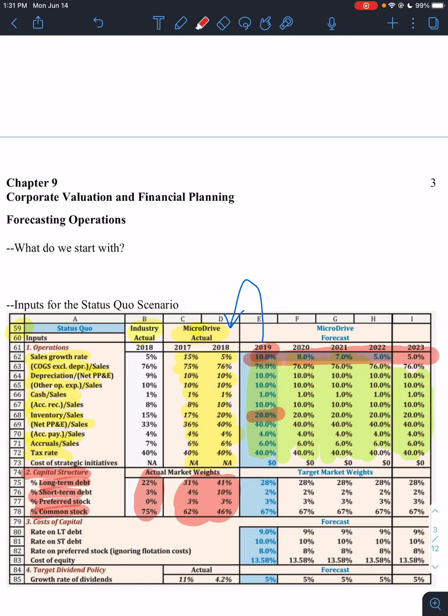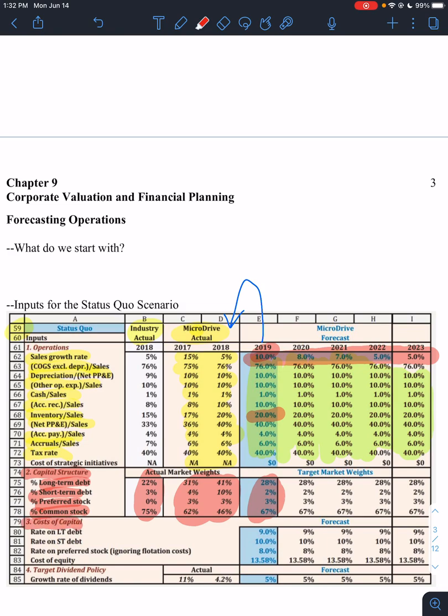So we can see they're definitely not on their target right now. They definitely picked up way too much debt in 2018 to be anywhere near their target weight of 28% and a common stock weight of 67%. But they assume that that's what they want to be at and that that's going to remain basically constant over 5 years.